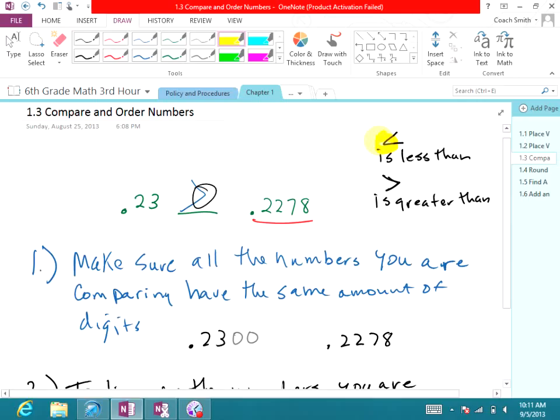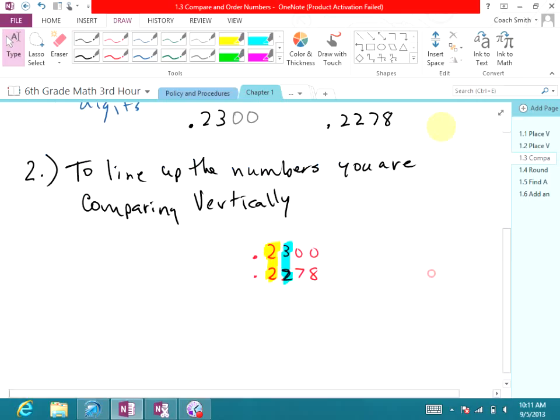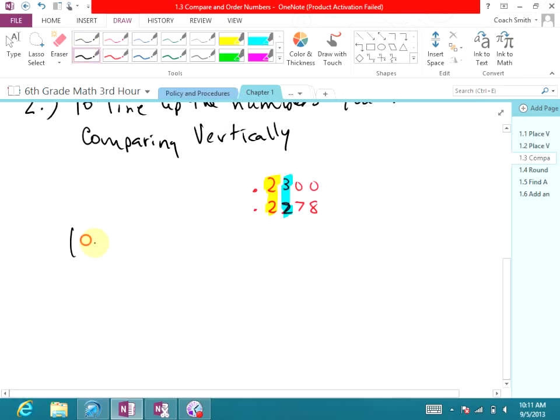Okay, so some easy steps for you to follow. Fairly simplistic, but the biggest thing is make sure they have the same amount of digits, especially when you're talking about decimal numbers. Obviously, if I was comparing 10,000 to 1,000, I don't need to make sure they have the same amount of digits. I could. Let's look at that.